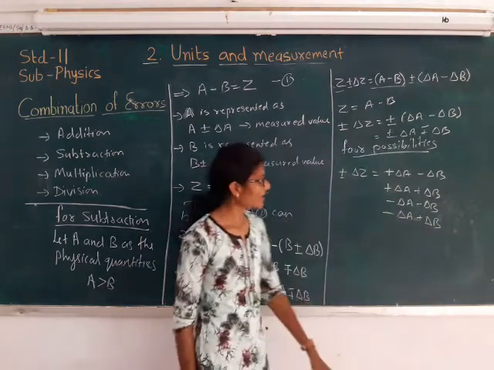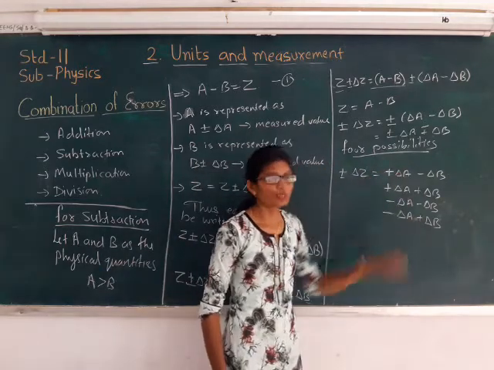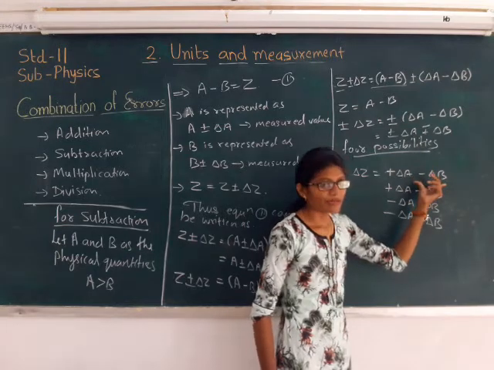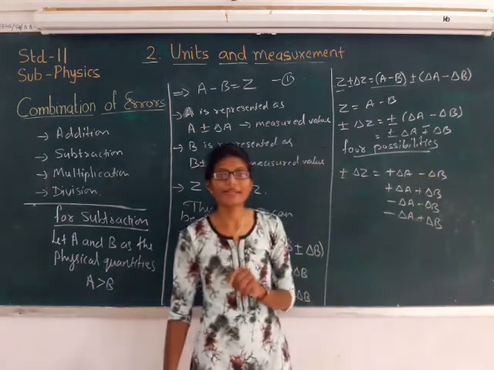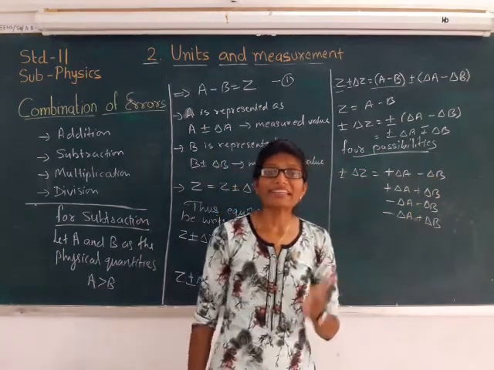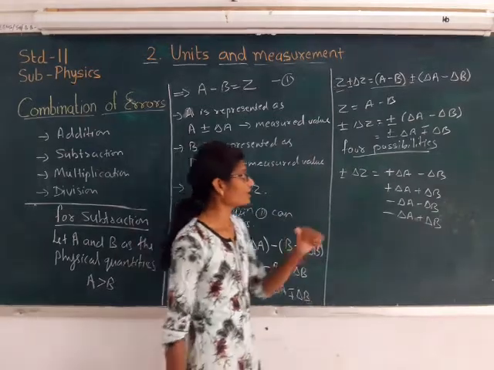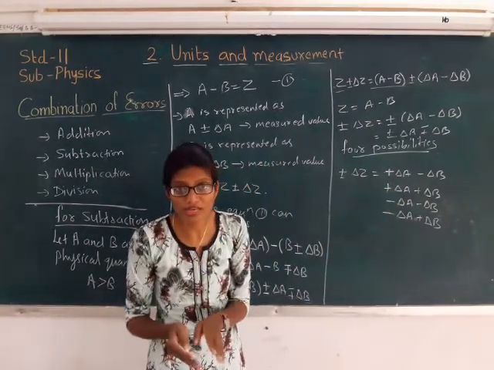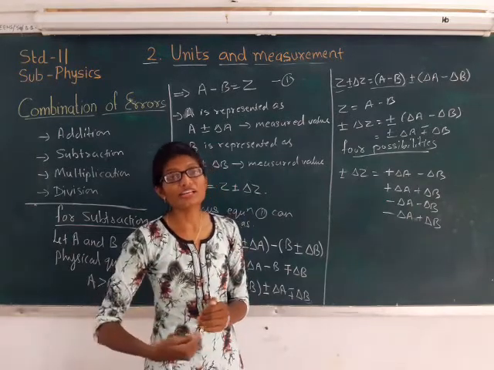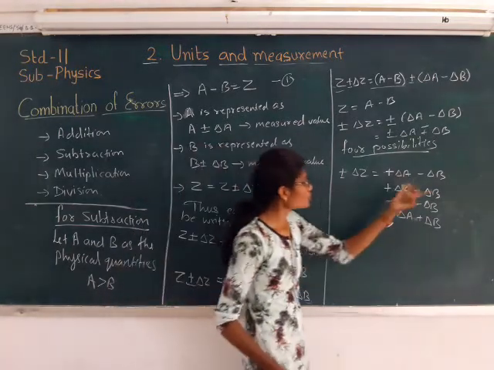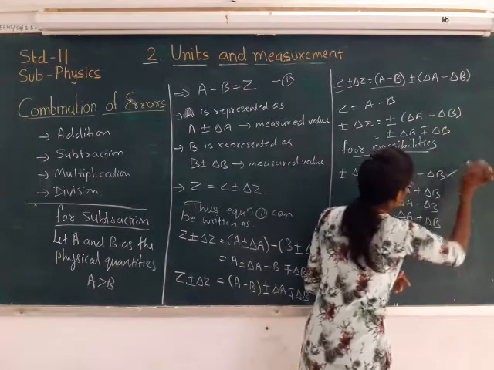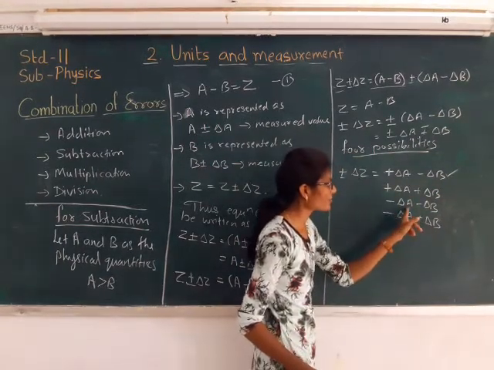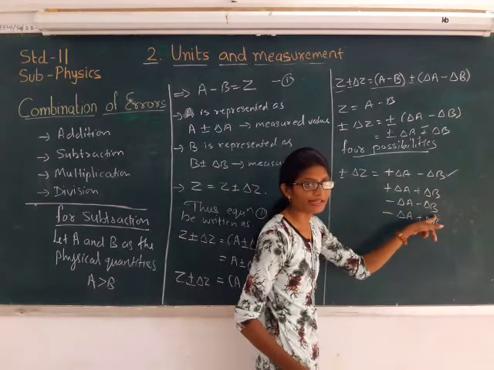See, over here we can take these four possibilities, that is plus delta a minus delta b. Here delta a and delta b are errors, and they are actually very small, right? So when we take the difference of very small values, the final value will get even smaller, so we need to ignore this. Again over here we have the difference of delta a and delta b.